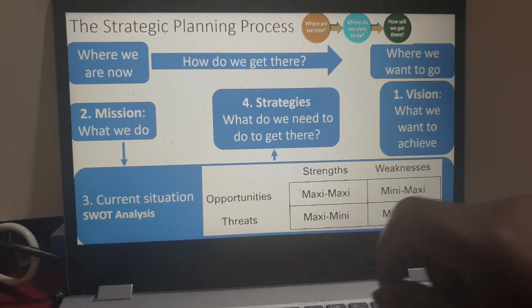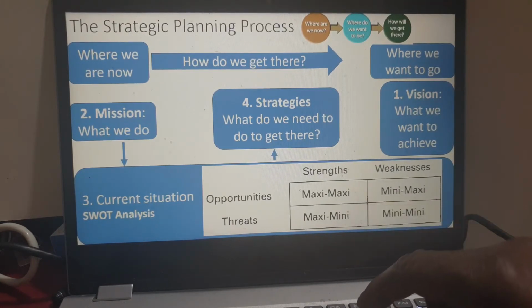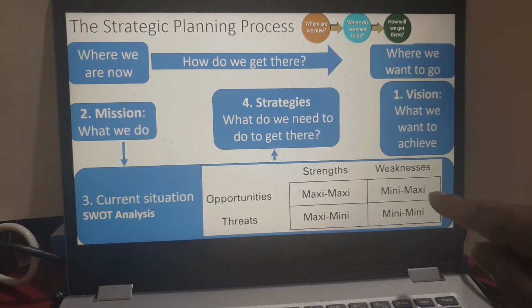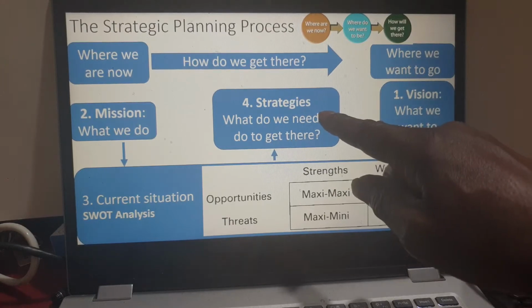Maxi-maxi strategies, the offensive strategies, the low-hanging fruits. Then the mini-maxi. Many times, we don't consider weaknesses, and just one weakness will spoil our road to success. So we must analyze the weaknesses and opportunities, and generate the mini-maxi strategies. These are the strategies that will go here.